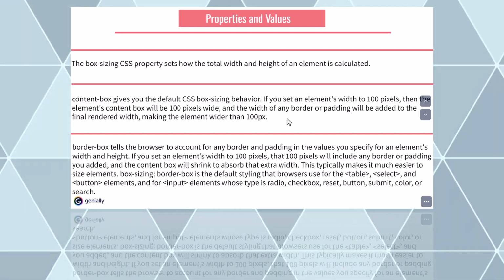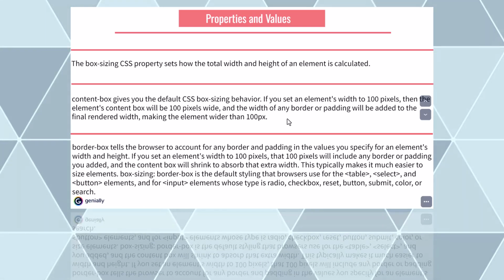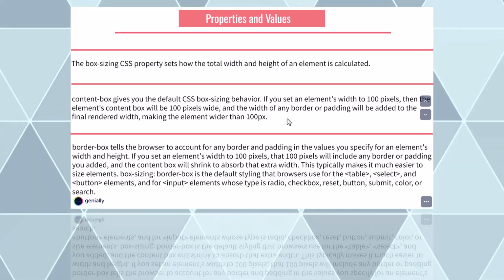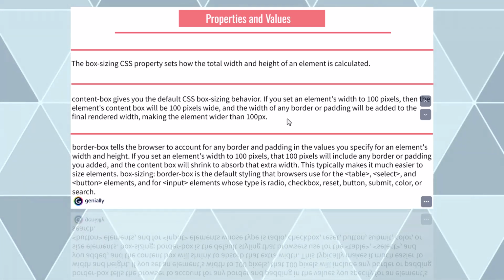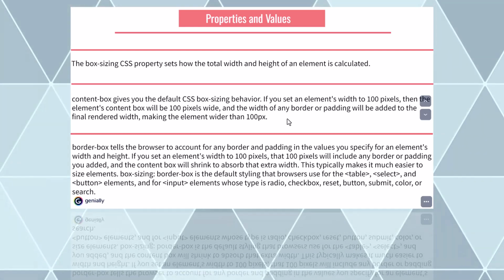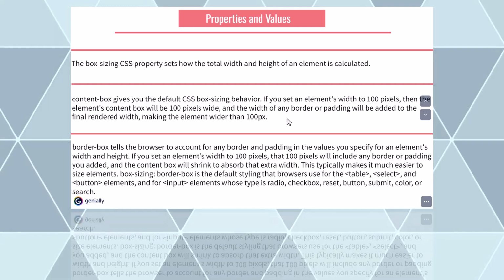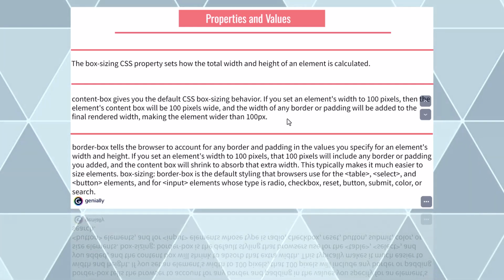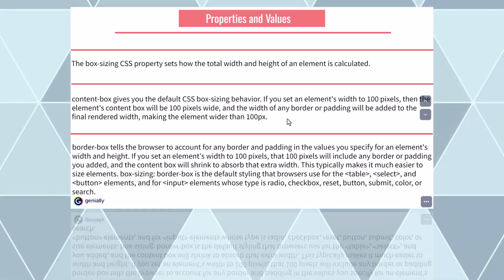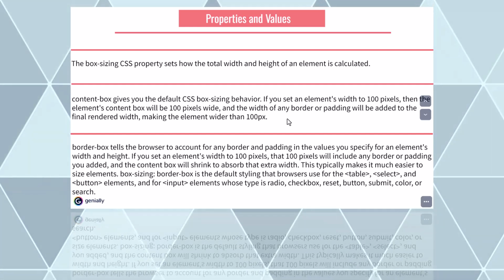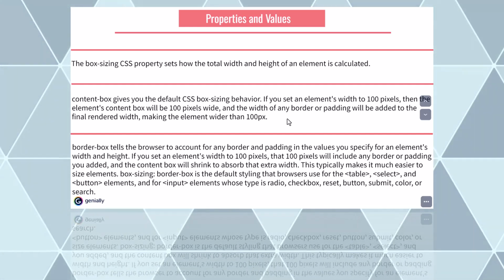I feel like it will be easier to understand if you say you calculate from the inside, because this is border box. Do you understand what that means? If you add it with content box, it's outside. Do you understand what I'm saying?